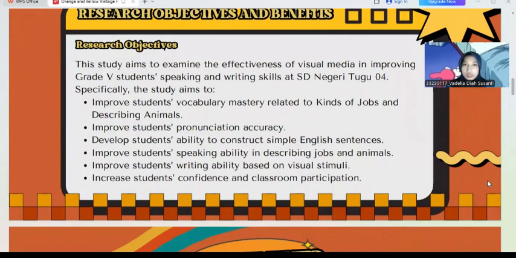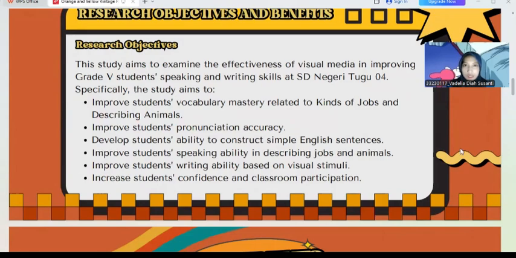We chose this media because visual materials can attract student attention, increase their motivation, and make vocabulary easier to understand. In addition, picture and word cards help students generate ideas more easily when speaking and writing in English.